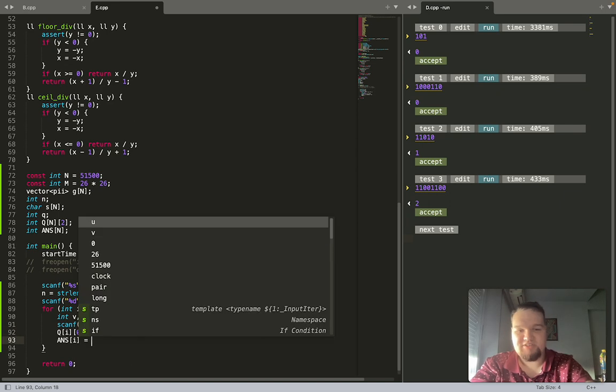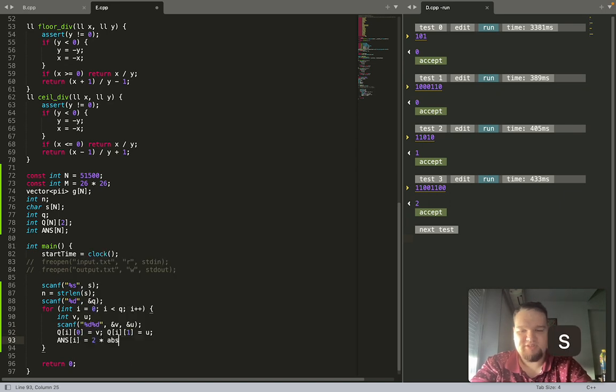So I initialize the answer with 2 times the difference between v and u. Now I want to construct the graph. So there are two parts. First, there is just the linear bamboo.